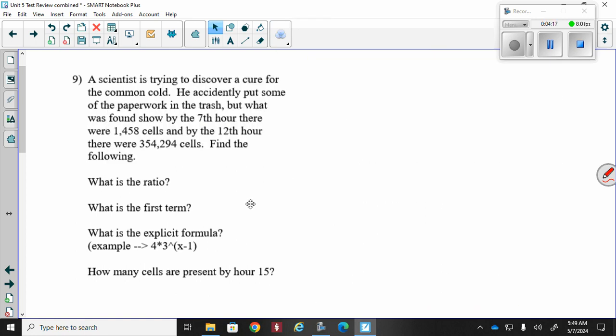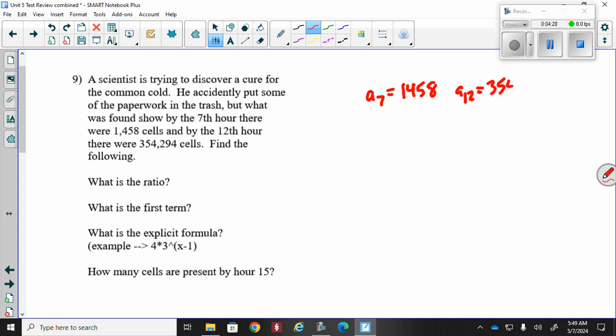All right, so what we know is that A of 7 is equal to 1458. A of 12 is equal to 354,294. First thing we have to do is find r, so we take 354,294, because it's the later term, and divide it by the earlier term.